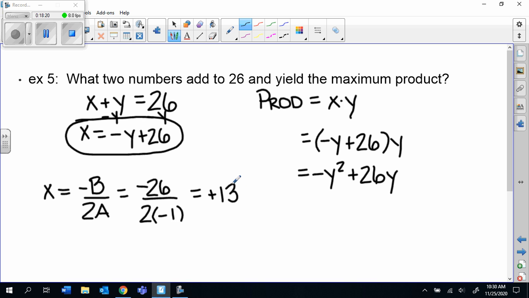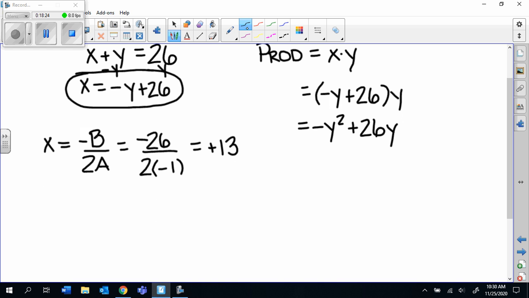And so 13 can be what I plug in. Oh, I put x and it should be y. I was getting myself a little confused there. Forgive me. It turns out both of them are the same, but we're solving here in terms of y, and I'm so used to writing that shortcut. The variable here is y, so y is 13.